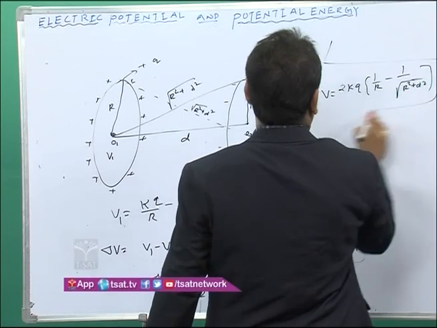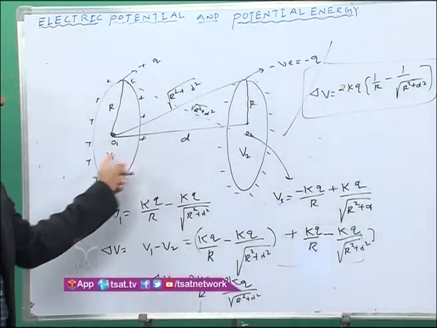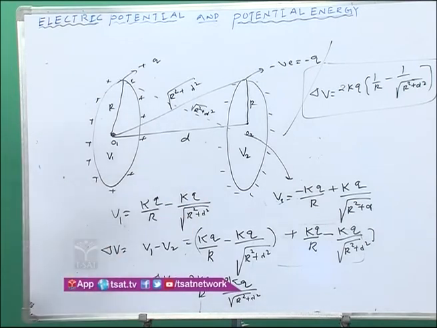So this is the potential difference between the centers of two identical rings carrying opposite charges.